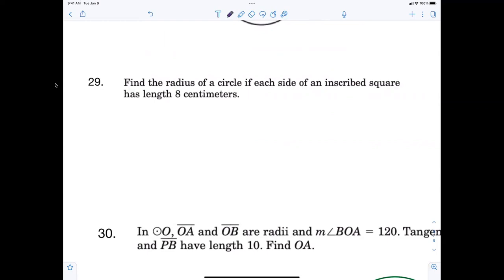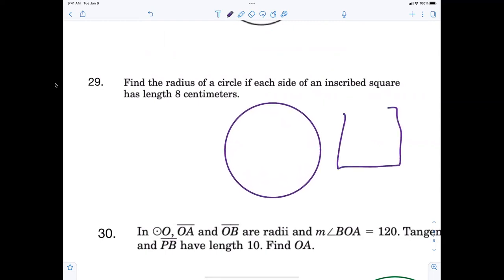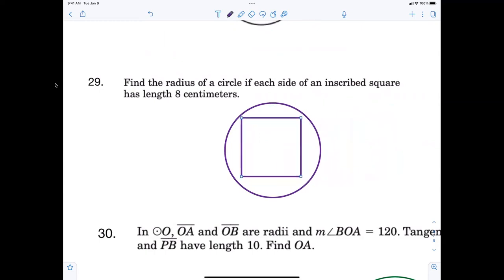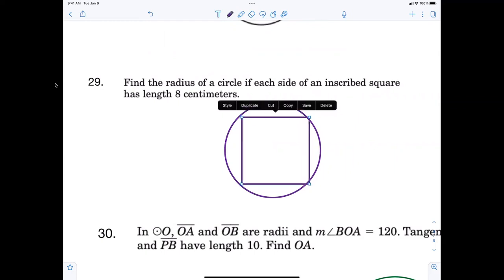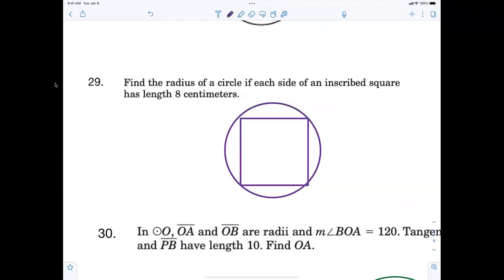Find the radius of a circle if each side of an inscribed square has a length of 8. Well, that's not bad, right? If we draw in the diameter, that should help you see it a little better. 8, 8.